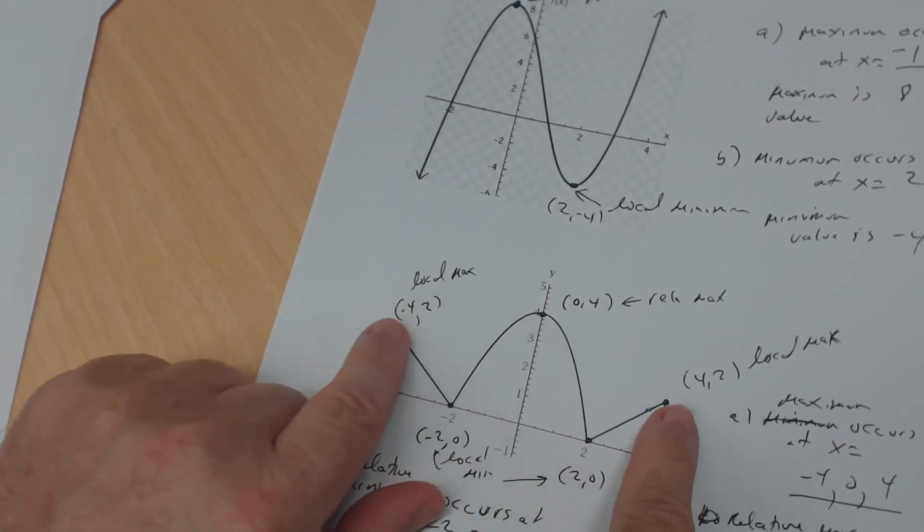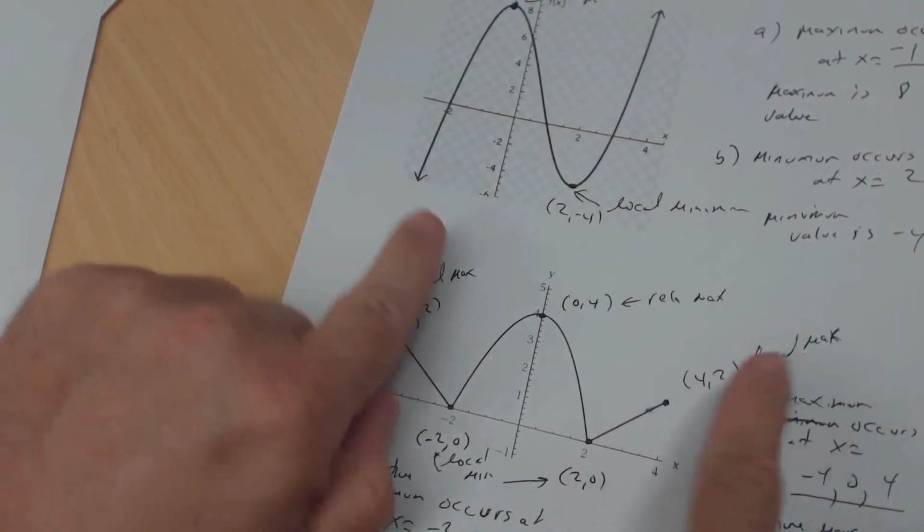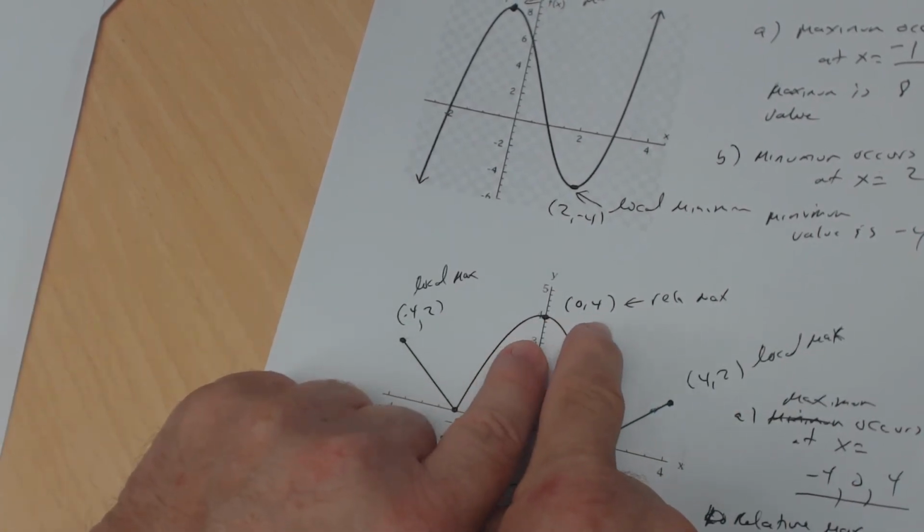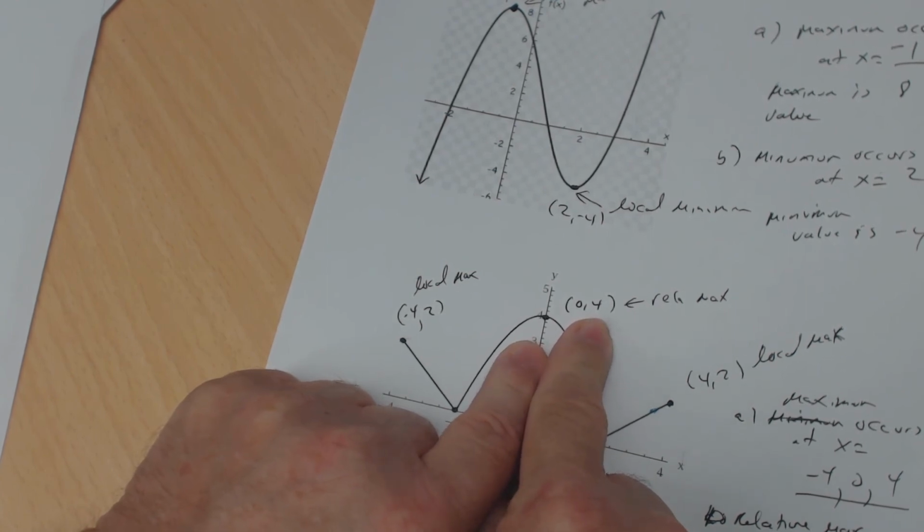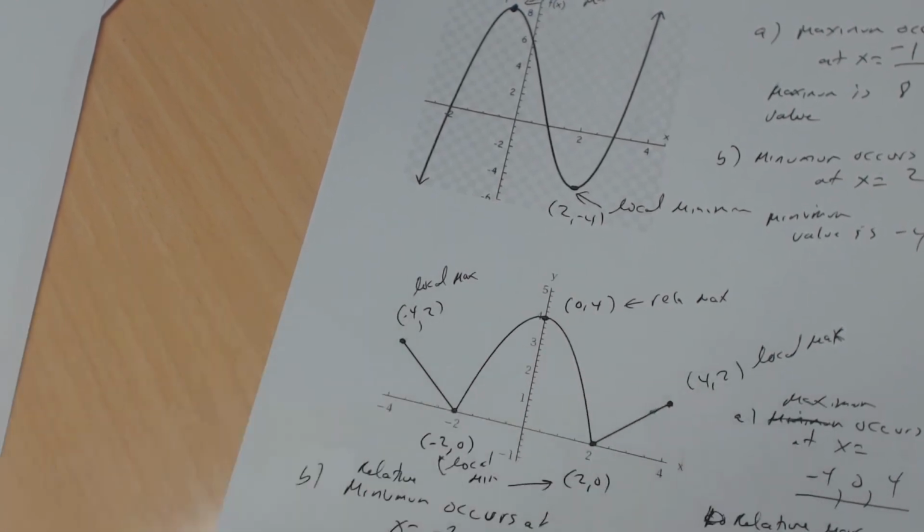This right here, see how that stopped here? So there are no arrows. So this right here, the 4, happens to be the absolute maximum value. All right, but again, that's not in this section. So absolute meaning the largest y value possible for maximum, and for minimum it would be the smallest y value possible.